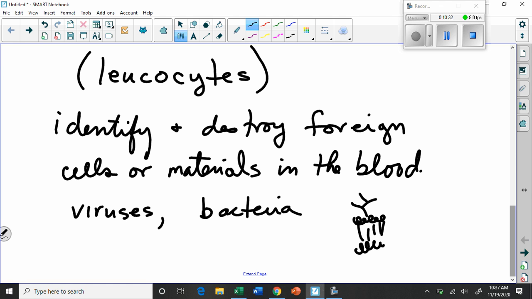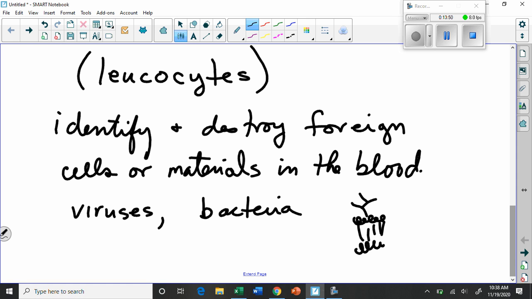So all of our cells in our body have a specific arrangement of these that can be read like a license plate that says, you belong here. But a bacteria cell would not. So when the white blood cell is able to identify which cells are foreign, it will then attack them.